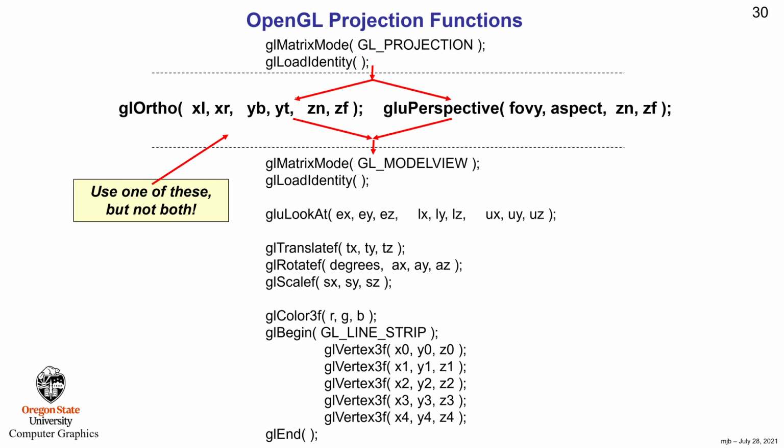So if I'm in orthographic mode, call this, else call this. You don't want to do both, because if you do, weird things are going to happen. Typically you bury this in an if-else. And so by changing that flag variable, you can change from orthographic to perspective. We'll see this in the sample code.